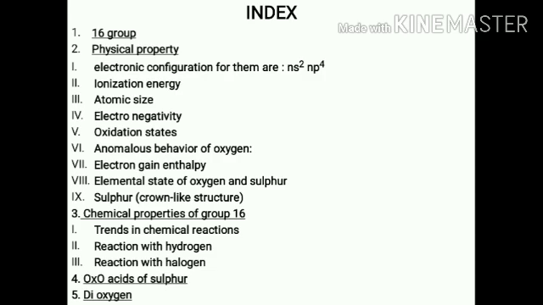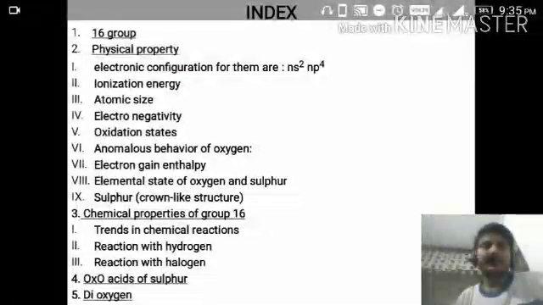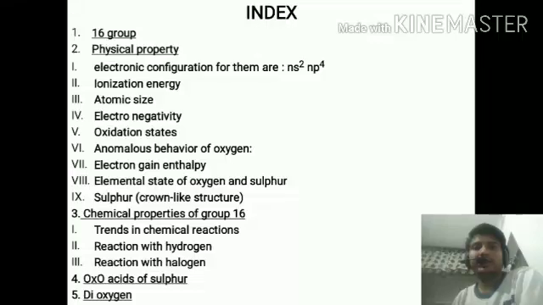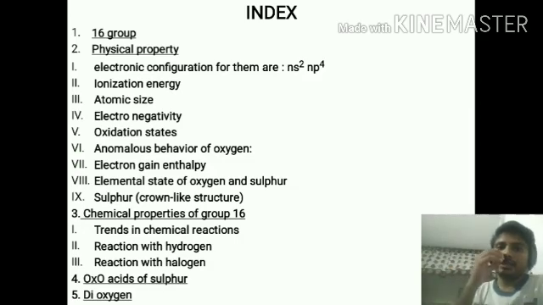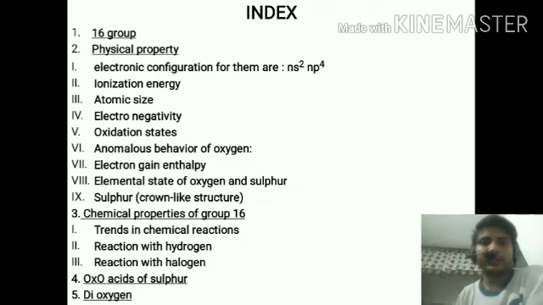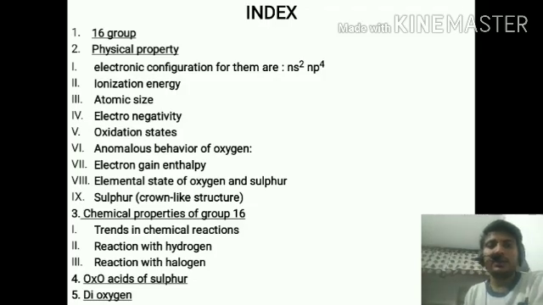In the physical properties you will study ionization energy, then atomic size, then electronegativity, oxidation state, anomalous behavior of oxygen, electron gain enthalpy, then elemental state of oxygen and sulfur, then sulfur structure, then chemical properties of 16 group elements, then trend in chemical reactions, reaction with hydrogen, reaction with halogen, then oxoacids of sulfur, then dioxygen. These topics we will discuss in this video.